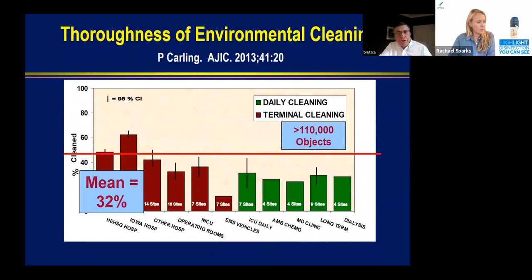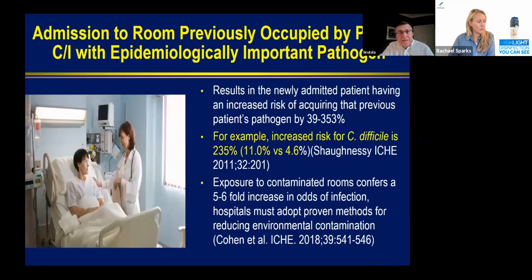So only maybe 30% of the surfaces in the patient room are disinfected, leaving 70% of the surfaces contaminated for the next patient. 30% are disinfected, 70% remain contaminated. And that is the reason why the next patient entering that room is at increased risk for the previous patient's pathogen.